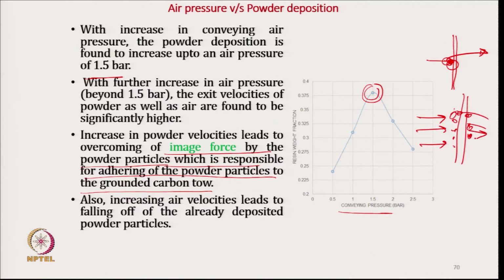This will effectively lead to a decrease in the resin weight fraction. So, initially we need some air pressure to help in deposition, but beyond a certain level, here 1.5 bar, it will overcome the image force which helps in attraction, plus the already deposited particles would get separated.